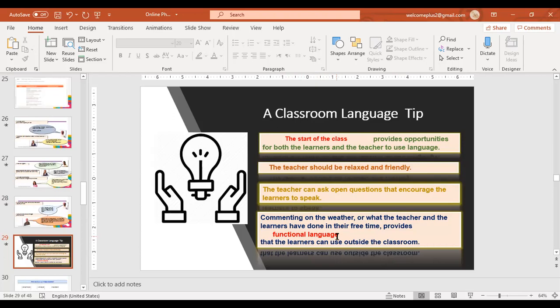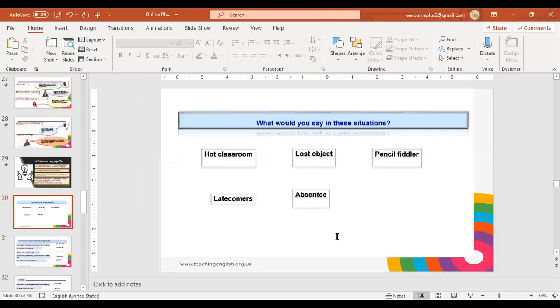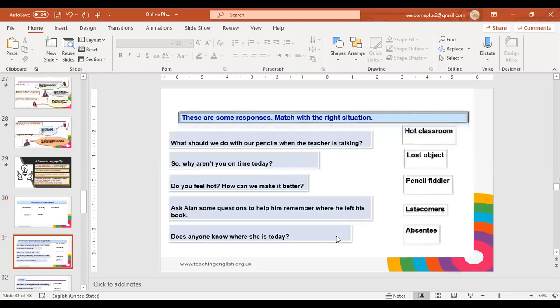Okay, we still have less than 1 minute and we will finish. Again, this is recycling for the same thing. And situations: if one of the students lost his pencil, what would you say to him?